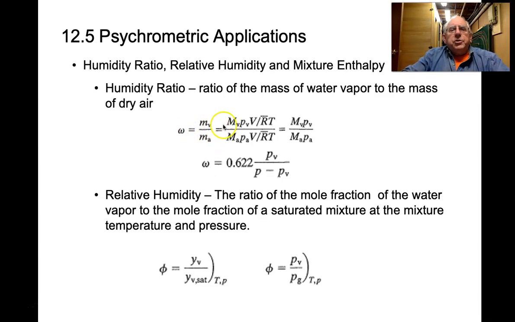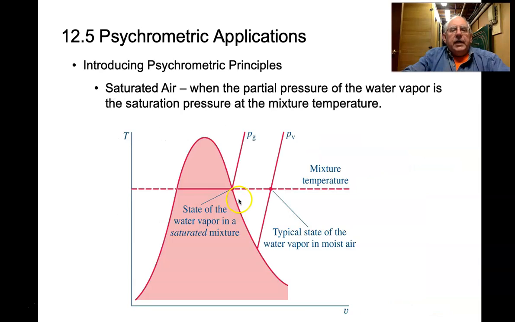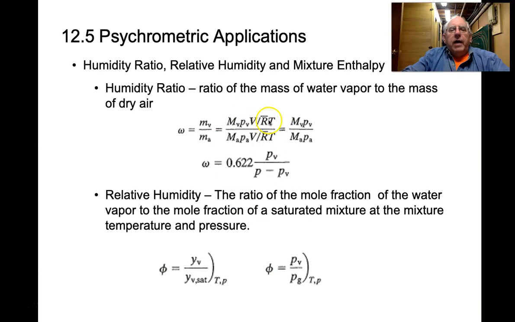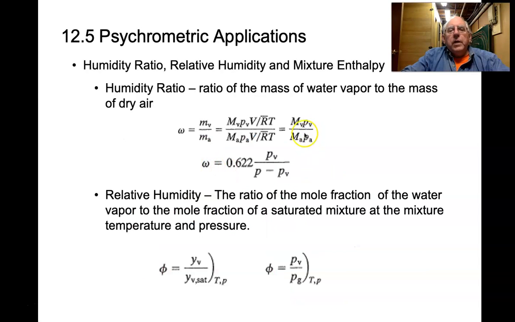If we substitute the ideal gas law for the mass of the vapor, we can use that equation here, basically solving for mv. When we do that, we have the numerator. Likewise, the air behaves as an ideal gas, and we can write that utilizing this equation here for ma, and then we put that into the denominator.